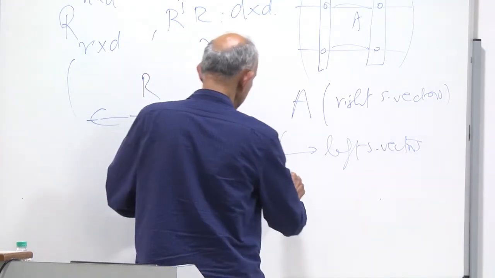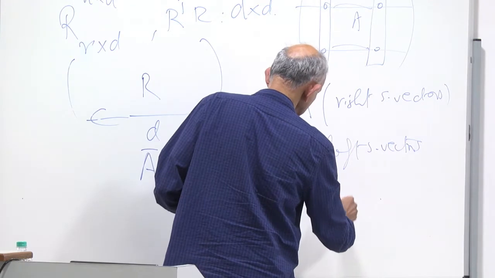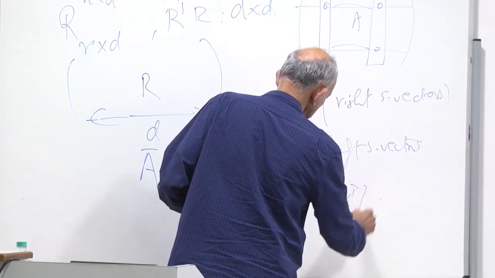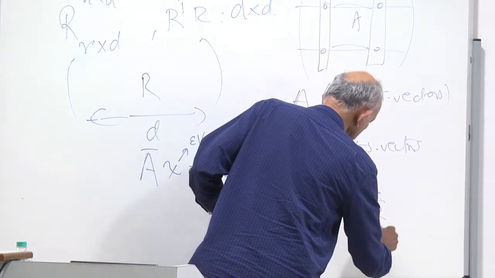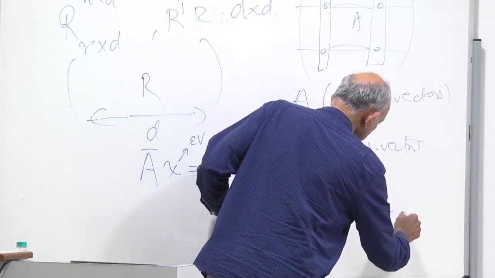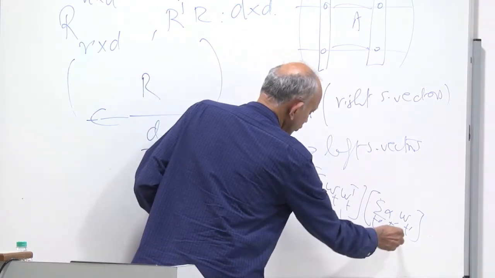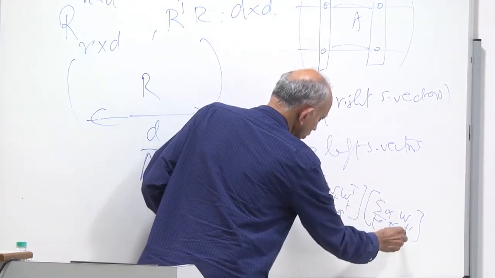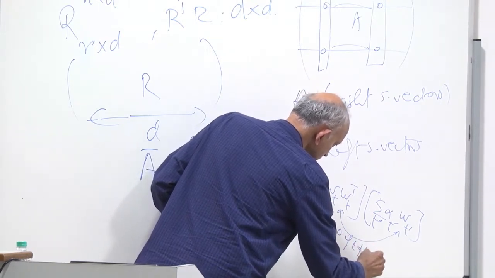Then you expand out A bar, and we've done things like this before, times this quantity, with alpha t prime w t prime, and you see that these are all 0 unless t equals t prime.